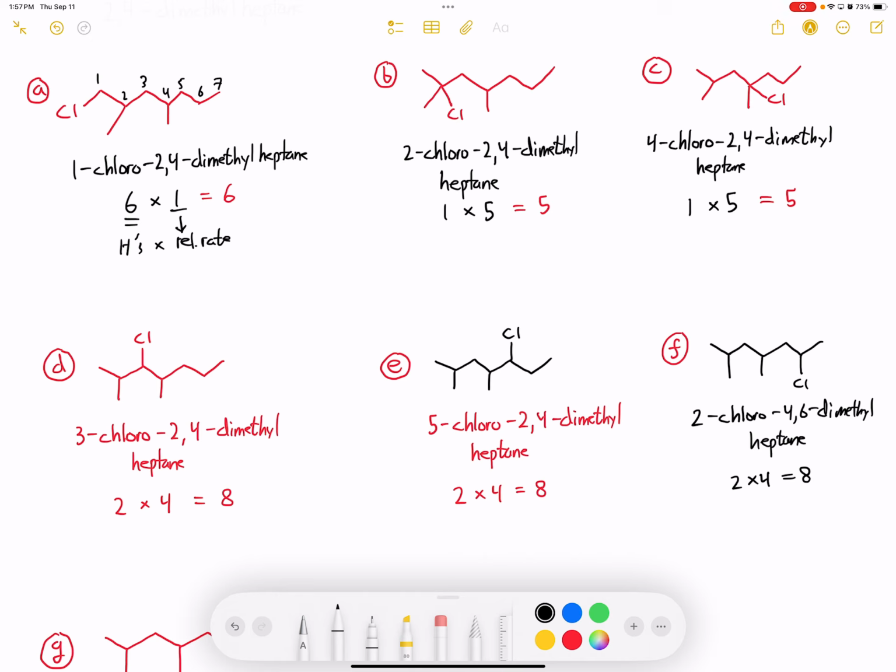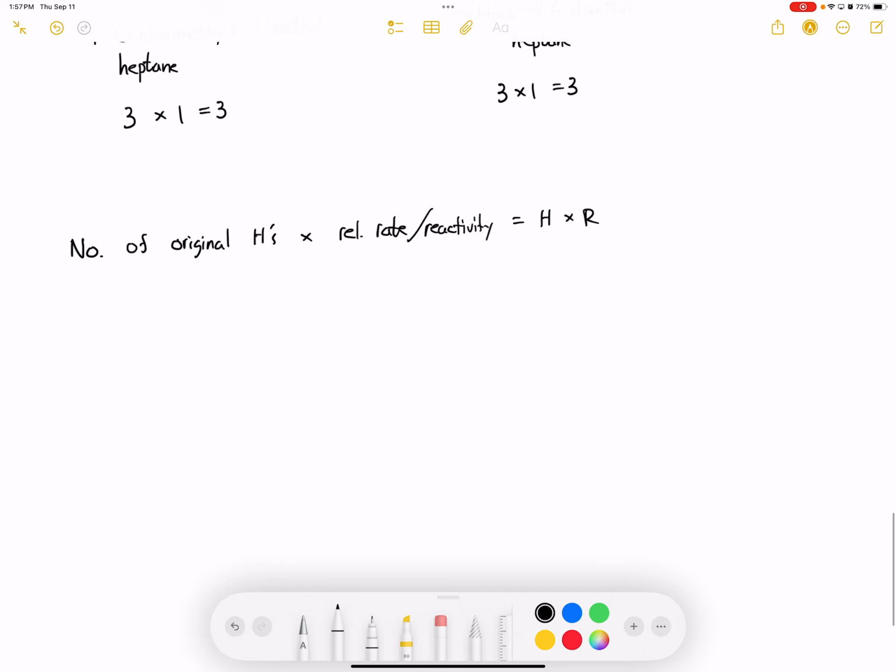That's H times R. Okay, that's our rate. So our absolute rate for each of these products being formed is the total number. Okay, so that's what we got there.